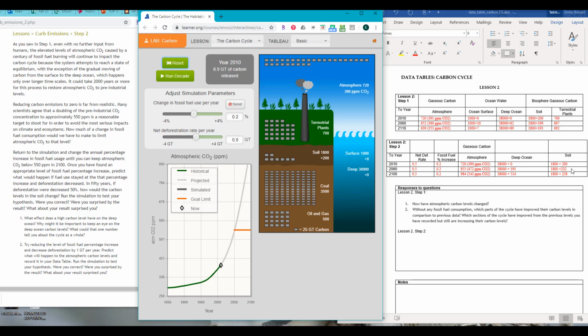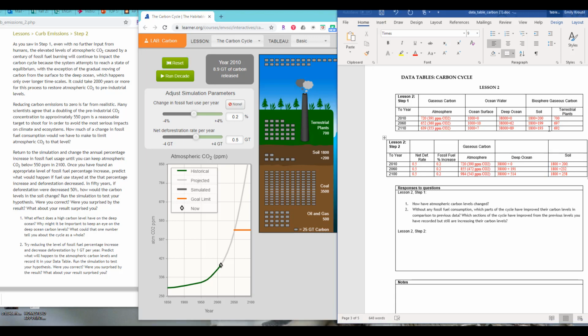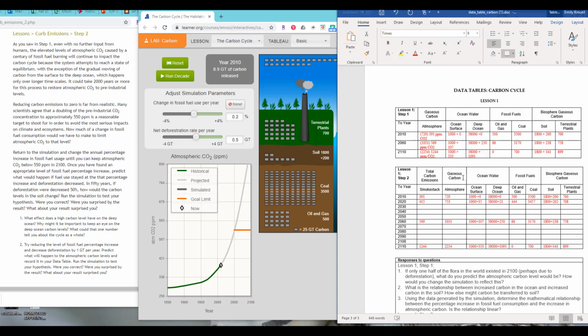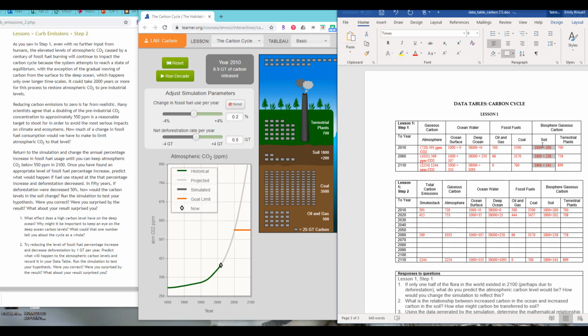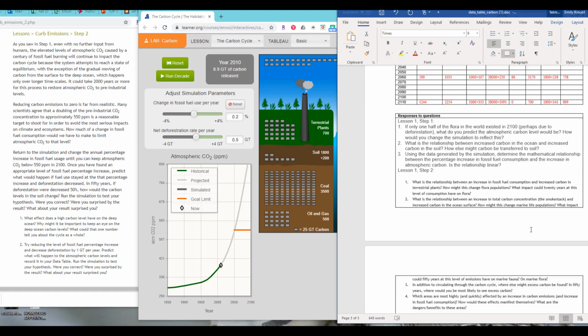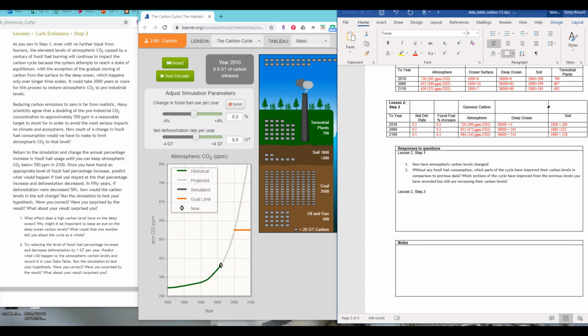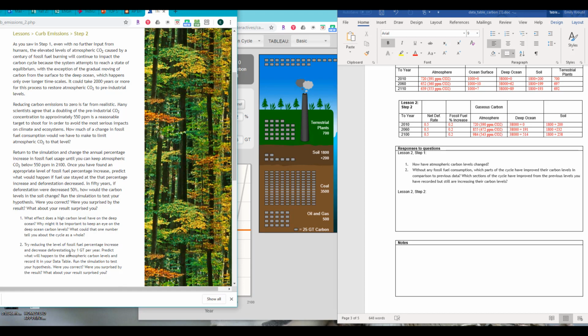Okay, so you can see how this was the carbon levels in the soil, and you can also go back to part 1, and you can see your carbon levels in the soil here too, so you can kind of see how it changes. Make this even smaller. Okay, and then I'm going to put these questions here.